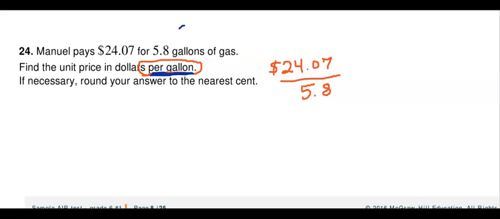So if that's the case, you're going to divide by 5.8 because we want to get that down to 1. Since that's how many gallons, you're just going to divide by 5.8. So if you do $24.07 divided by the number of gallons, which is 5.8, you're going to end up with $4.15 per gallon. So $4.15 per gallon is what you would have in this scenario.